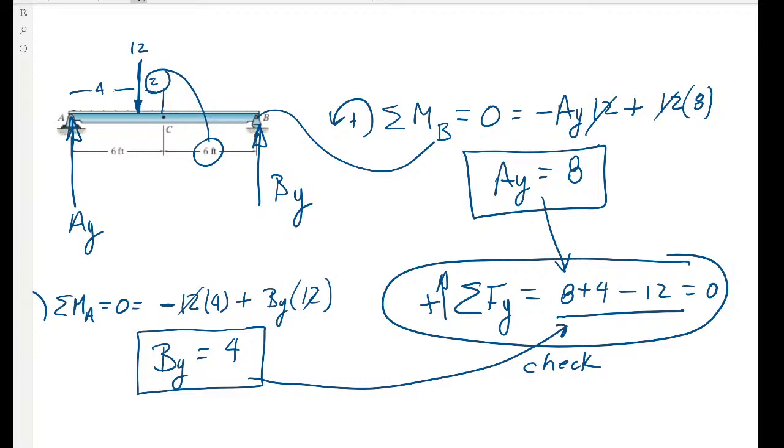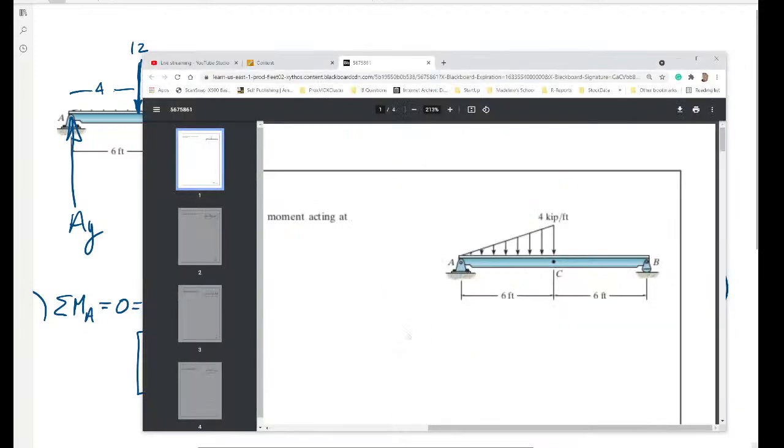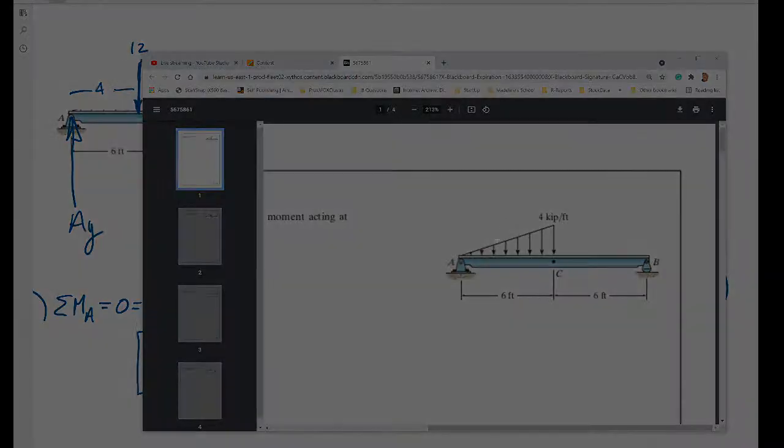Now I'm going to do this. I'm going to go back to my picture yet again. Depends on which way you want to look at it.